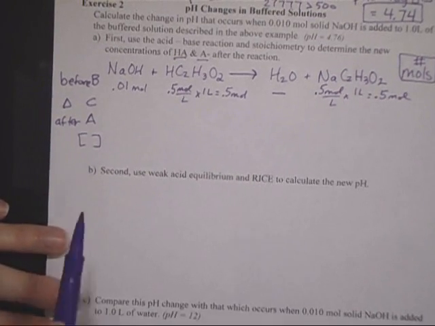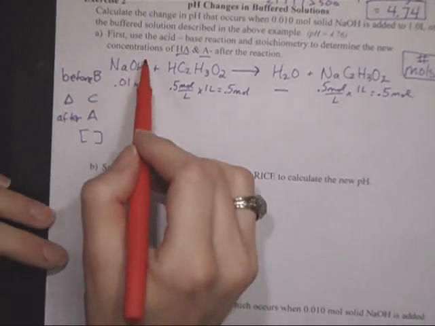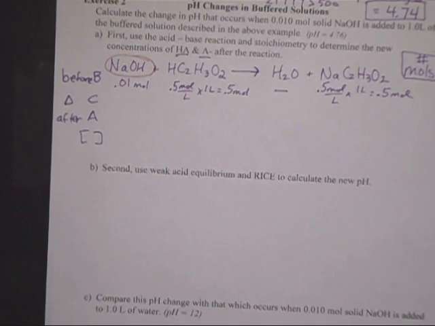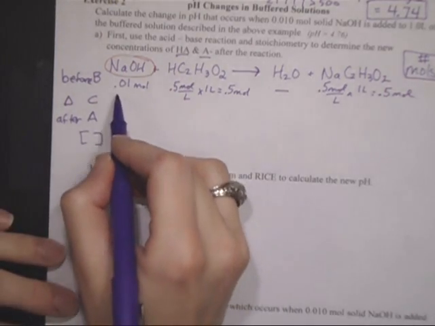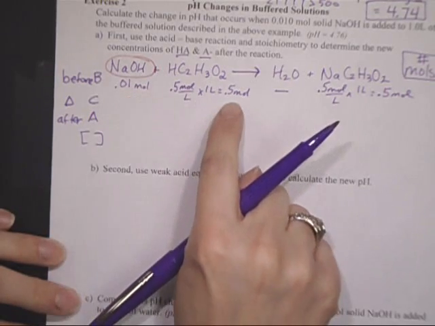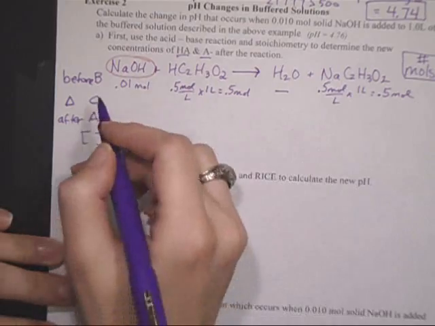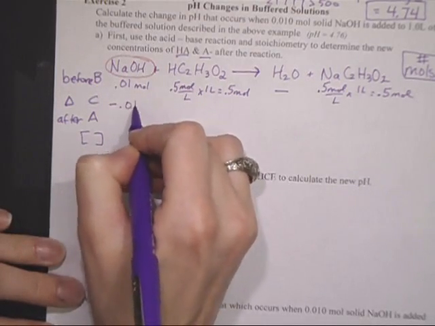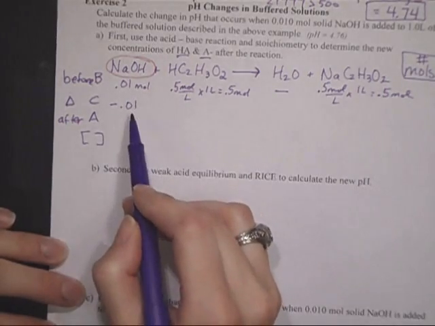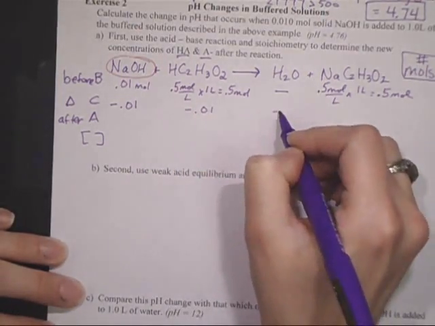Now the change that occurs is going to be driven by the sodium hydroxide right here. This is the driving force, the strong base reacting with the acid. Based on what I've got here, I've got just a little sodium hydroxide, but I've got a lot of acid, or at least relatively. That means this is kind of like a limiting reactant problem: I'm going to use up all of this strong base reacting with this acid.